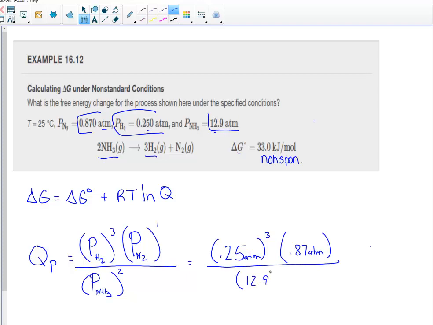That's very high pressure, and that needs to be squared based on its coefficient. So let's solve for Q so we can plug it into our formula above.